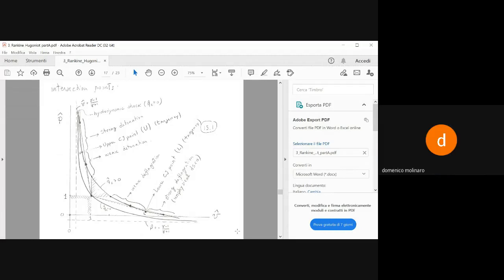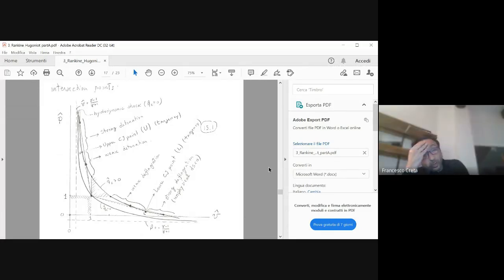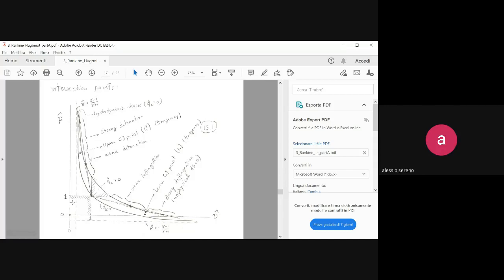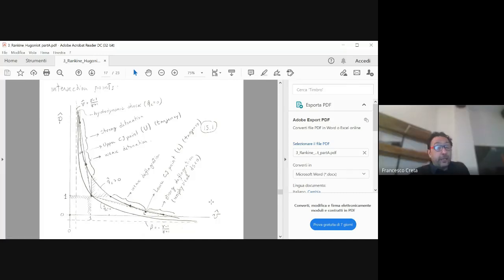Sì, si vede. Okay. So what are we looking at here? Well, we're looking essentially at the intersection now, of the Rayleigh lines. Can you see the little mouse? Okay, perfect. So this is the PV plane. This is the 1, 1, the origin, which represents essentially the upstream state.